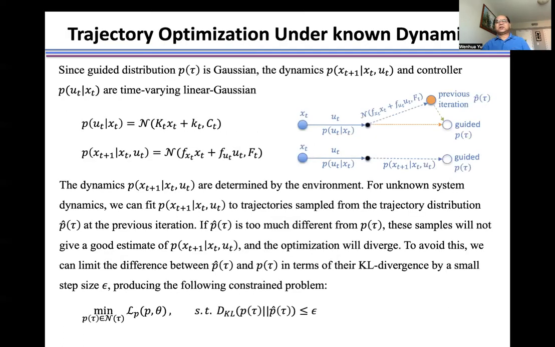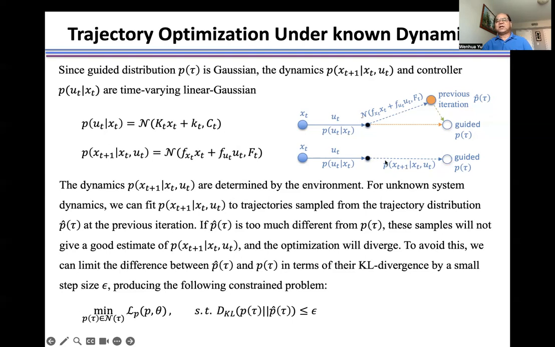And for the two steps, one step, as I mentioned previously, is trajectory optimization. For example, if we know the system dynamics, once we use this controller and take this action, we know exactly what the next state is.